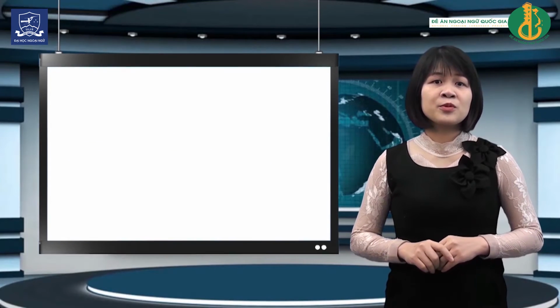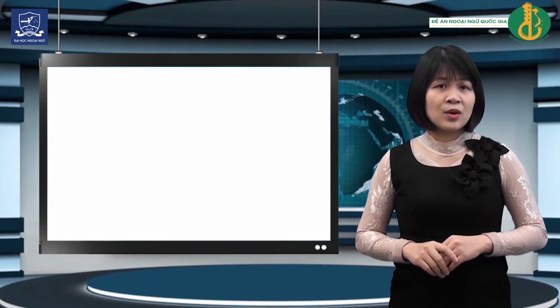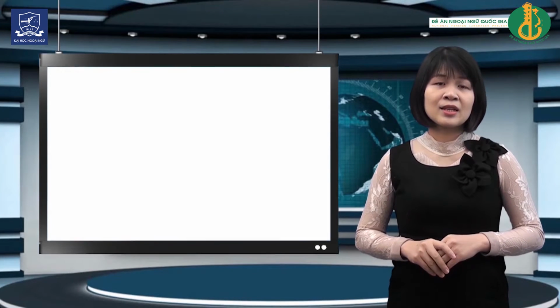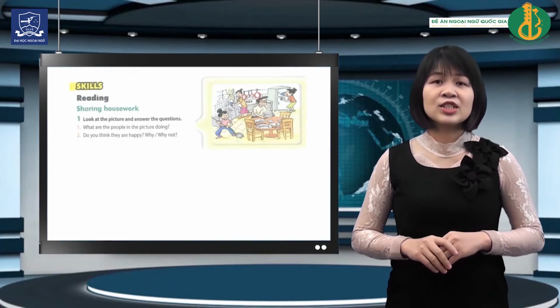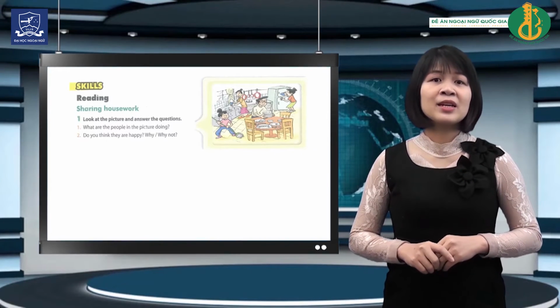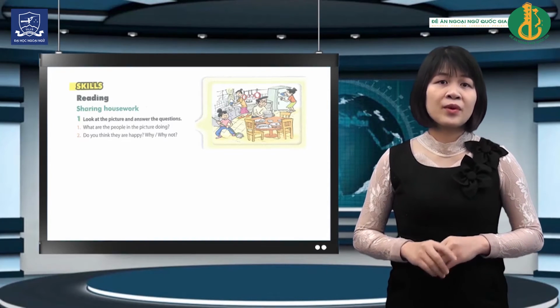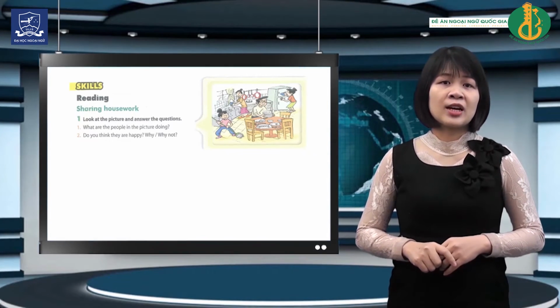To activate students' previous knowledge, sometimes questions in the textbook are not enough and not personalized. For example, in English 10, Unit 1, Family Life pre-reading part, students are asked 2 questions based on a picture.